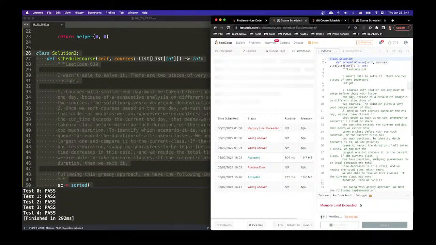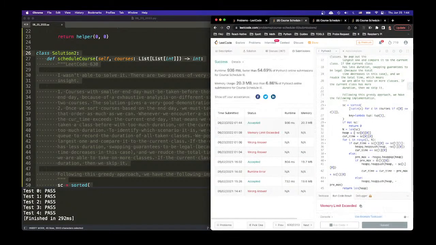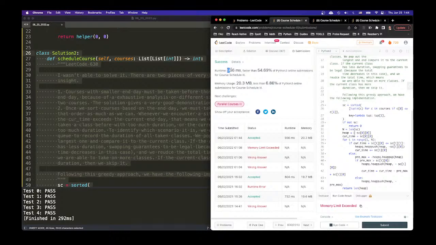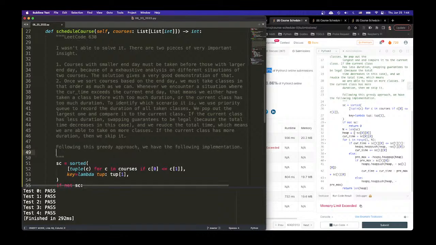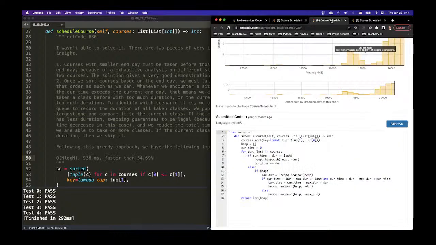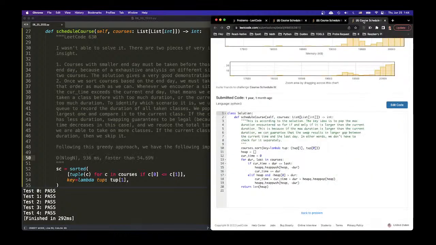Let's see. Oh, and log n. Very tough. I think I use a different solution for this one.